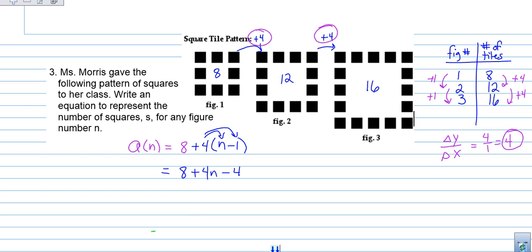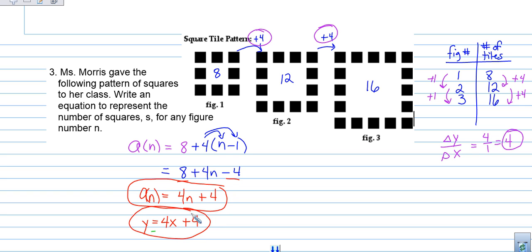And then you have like terms, and that equals 4n plus 4. So A of n equals 4n plus 4. Okay? And so really that's y equals 4x plus 4. That works too. They mean the same thing. So we can accept that as an answer.